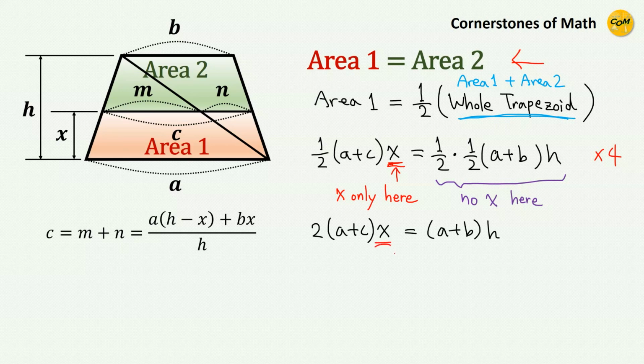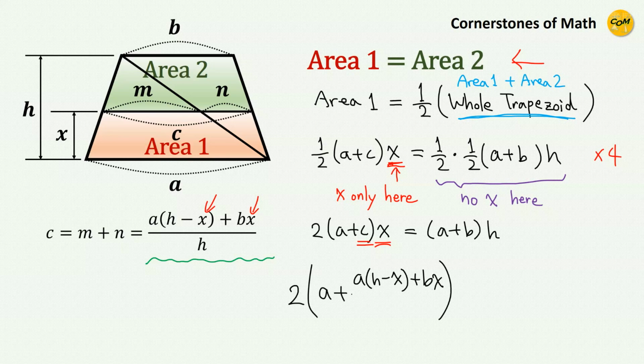Now x is only on the left-hand side, but it is actually not as simple as it looks, because this C also contains x in its expression. So using this expression for C, the equation becomes 2 times (A plus (A(h minus x) plus Bx) divided by h) times x equals (A plus B)h.